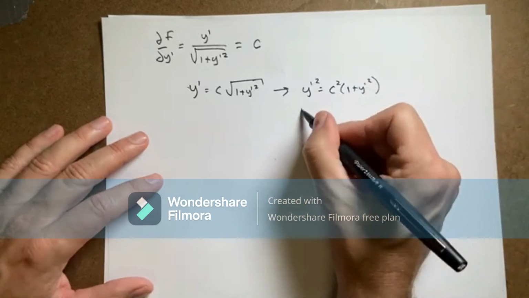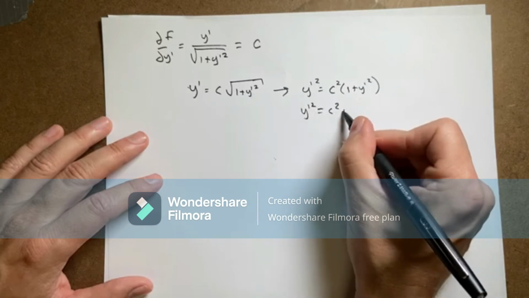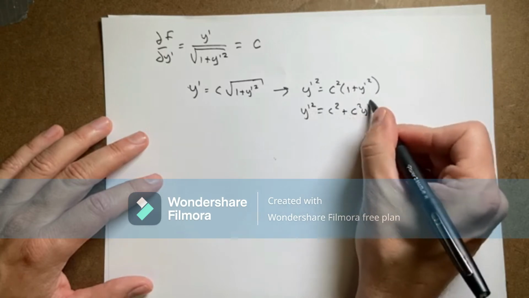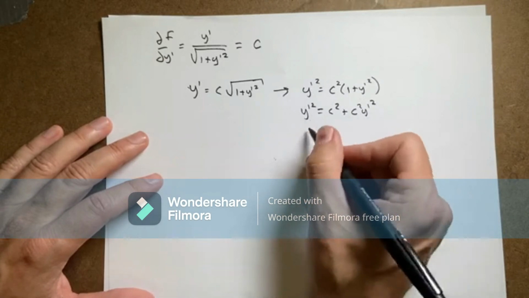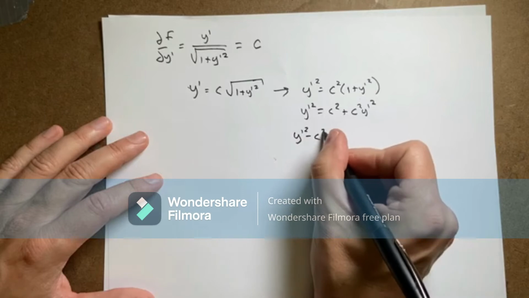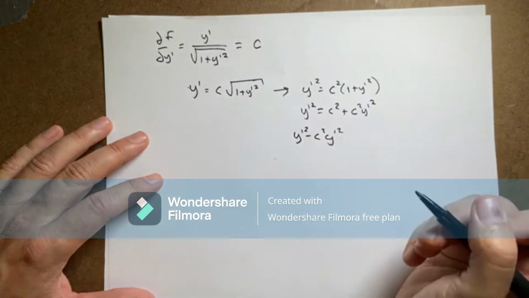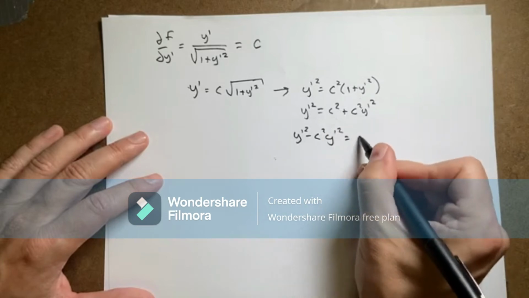Now let's multiply this out, and I get y prime squared equals c squared plus c squared y prime squared. Now I'm going to subtract this from both sides. It doesn't really matter. I'm going to say y prime squared minus c squared y prime squared, and I'm doing way more work than I need to. You could stop earlier, but equals c squared.